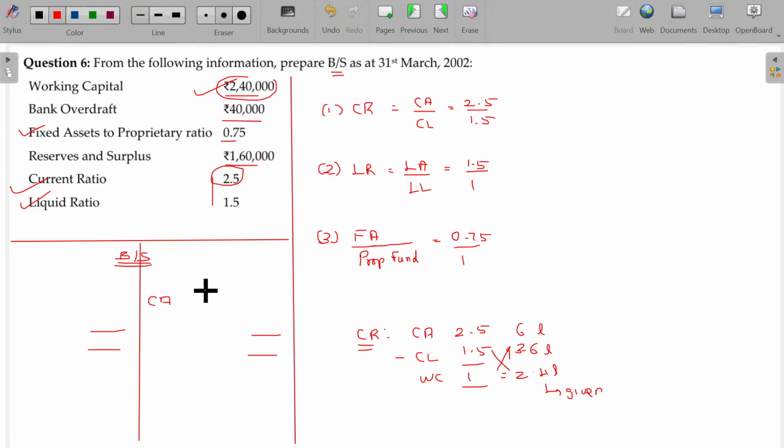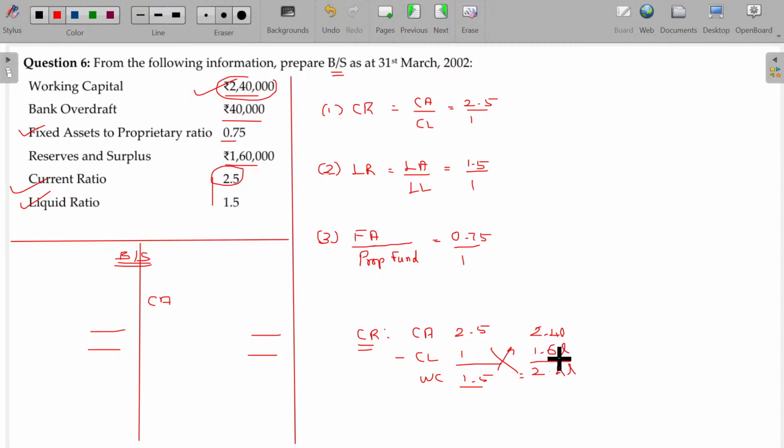2.5 into what? Current liability is 1. Okay. 4 lakhs. As 2.4 lakhs is 1.5 times, 1 time should be 1.6 lakhs and this should be 2.4 lakhs.